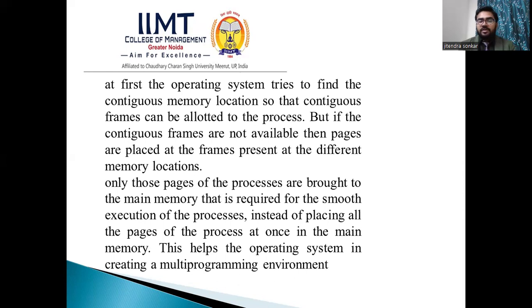Only those pages of the process which are needed to smoothly run the execution are brought into the main memory, instead of placing all the pages at once. This helps the operating system in creating a multi-programming environment.